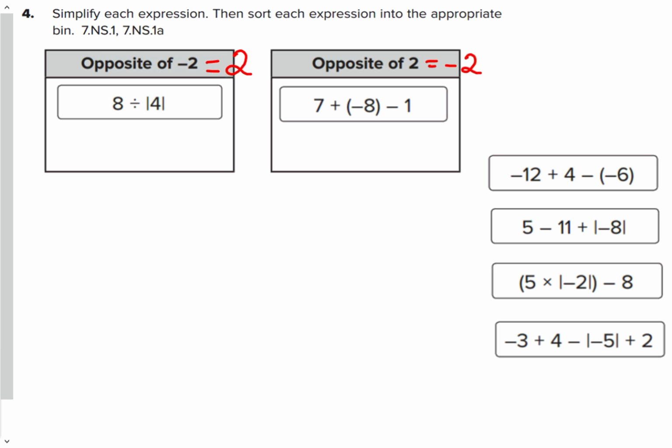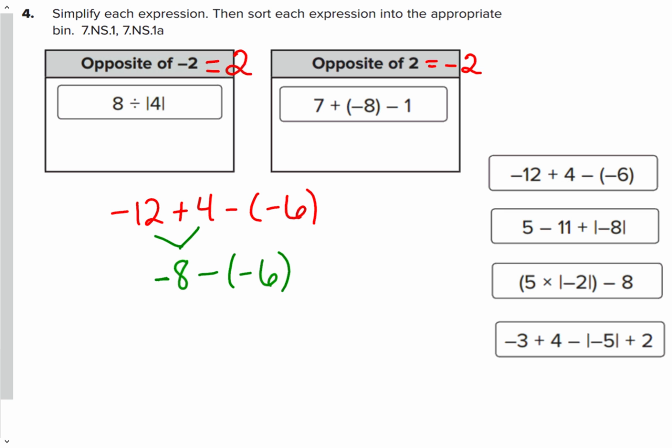Next expression, -12 plus 4 minus -6. Okay, we're going to go in order from left to right. -12 plus 4, they have two different signs, so let's subtract them. 12 minus 4 is 8. I have more negatives, so the answer is going to be negative. Let's write down the rest of the problem.